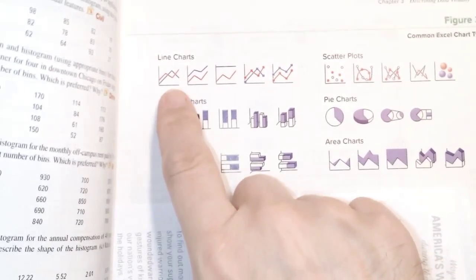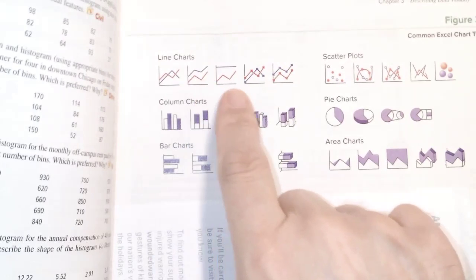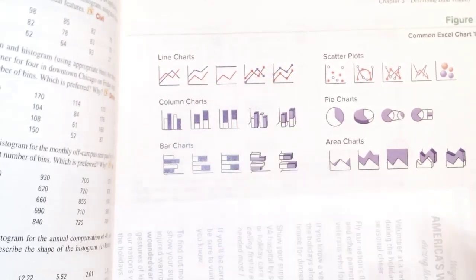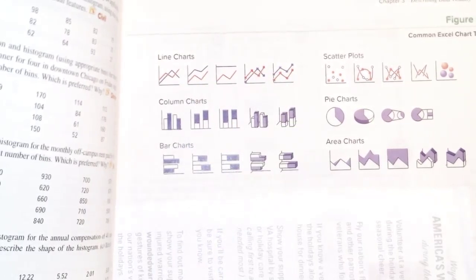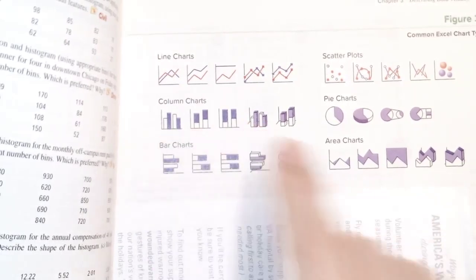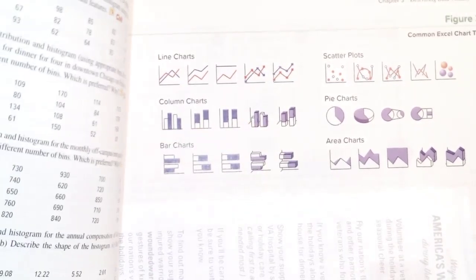You can have them overlap, you can stack them, you can have the data actually appear on them as little dots or not. Columns and bars drove me nuts for quite some time. I couldn't figure out what the difference was until the book says, oh, no, column charts are vertical, bar charts are horizontal. I'd never heard that distinction in my entire life. And if you call them both bar charts, you're not going to offend me.